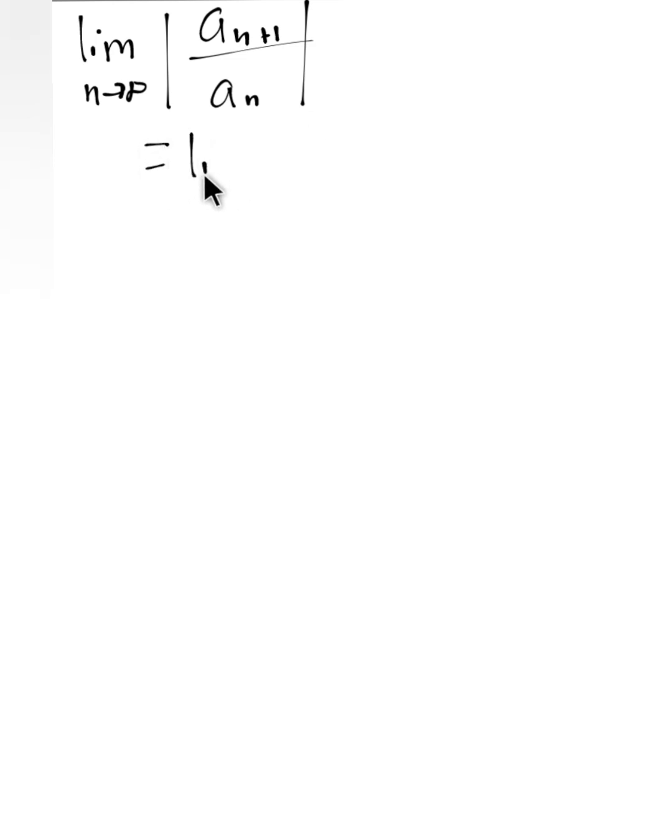Okay, the limit as n tends to infinity of an plus 1 all over an. Now this will be equal to the limit as n tends to infinity of an plus 1. An plus 1 is n plus 1 times (2 over 3) to the n plus 1.